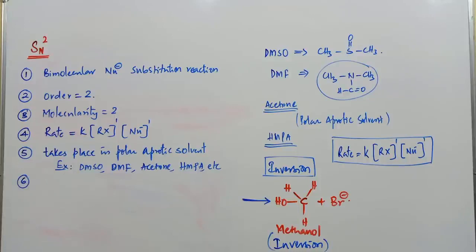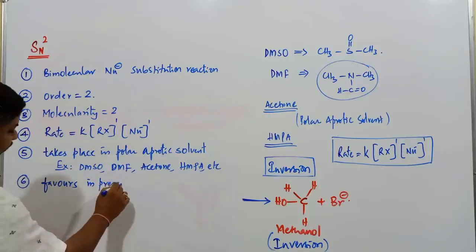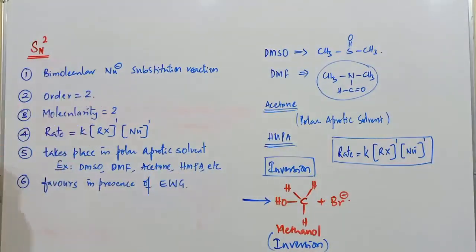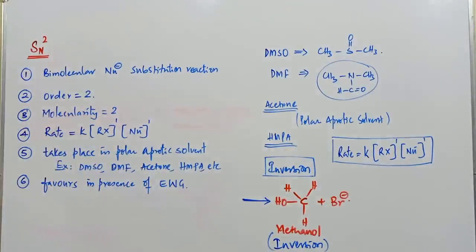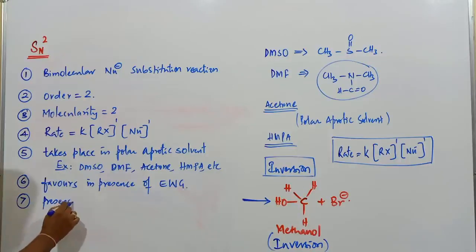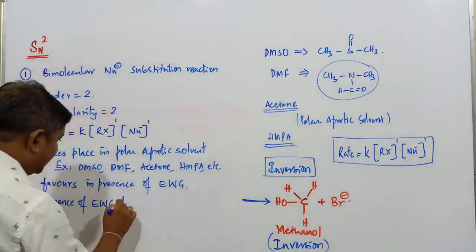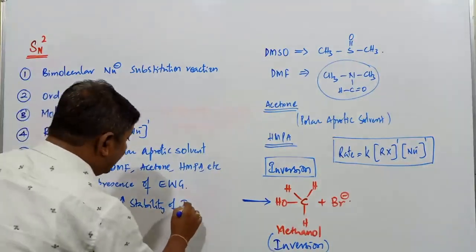Next one, this SN2 mechanism is favored, it takes place easily, in the presence of electron withdrawing groups. Wherever the compound contains an electron withdrawing group, the SN2 mechanism takes place very easily. The important reason why it is favored is that the presence of an electron withdrawing group increases the stability of the transition state.